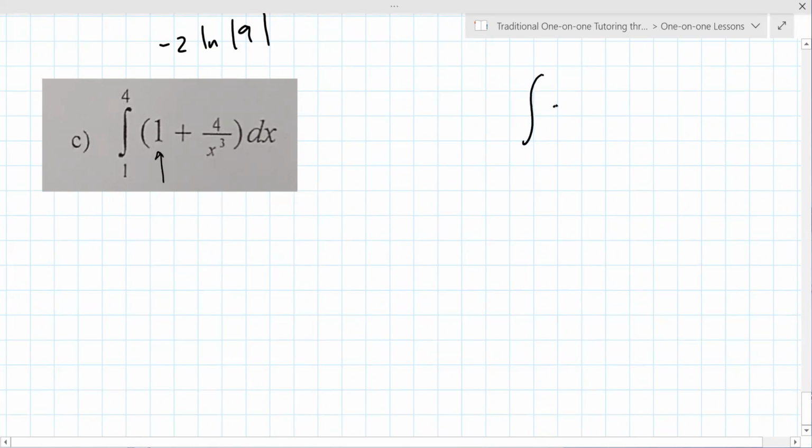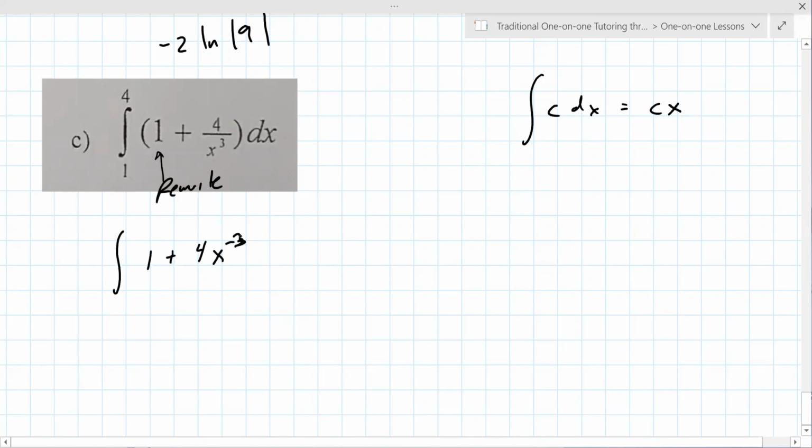The integral of a constant dx is always that constant times x. So in this case, the antiderivative is x. But before we do that, sometimes you have a rewrite step when you're doing these problems. So this is really the integral from 1 plus 4x to the -3.